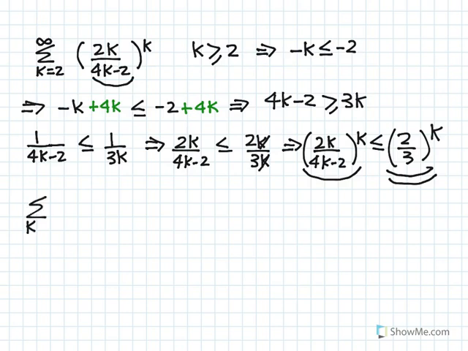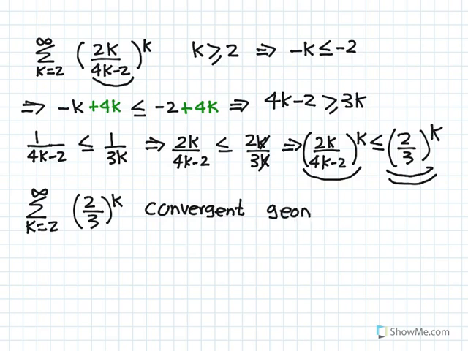Summation k equals 2 to infinity of (2/3) to the k is a convergent geometric series with absolute value of r equal to 2/3, less than 1.